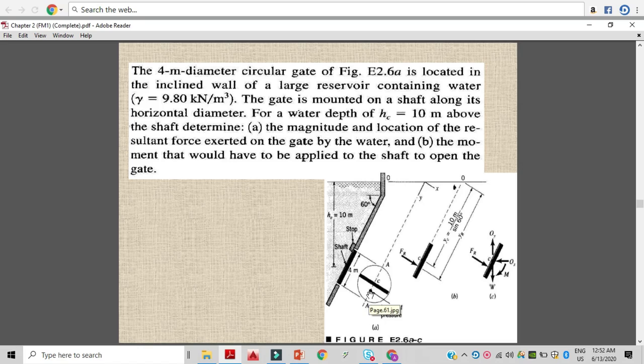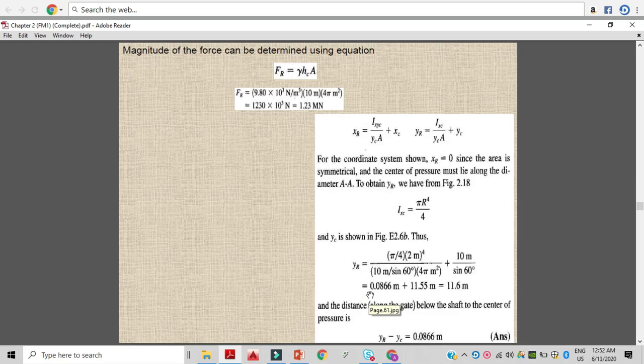It will not be away from this point. So we can say XR is equal to 0 because the pressure distribution across the axis is balanced. Since the area is symmetrical, the center of pressure must lie along the diameter AA.